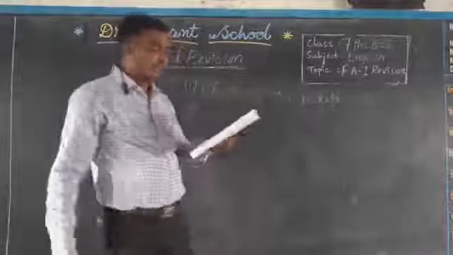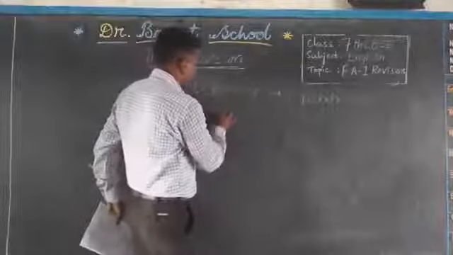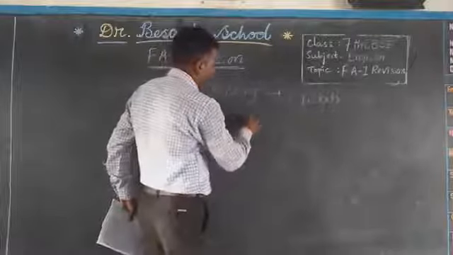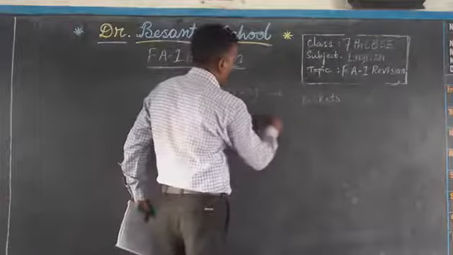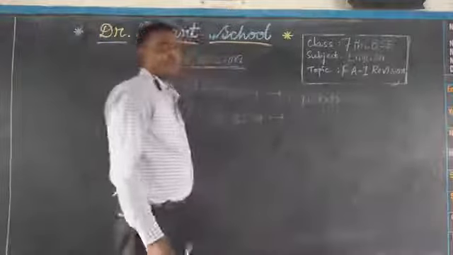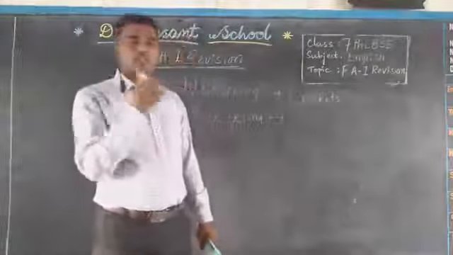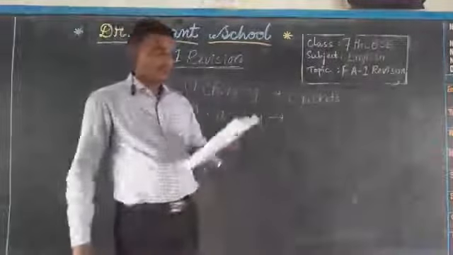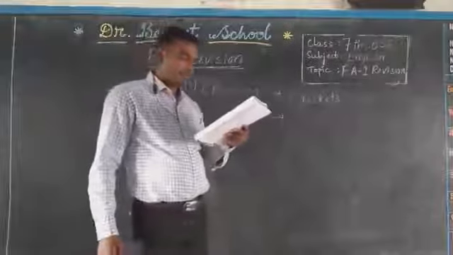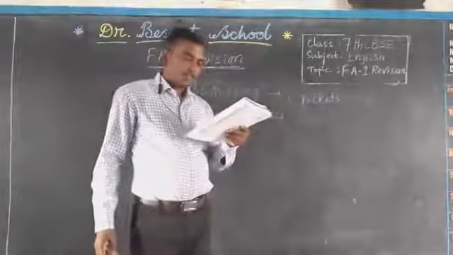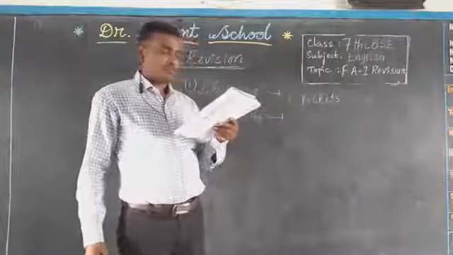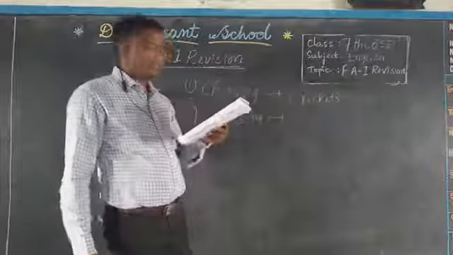Second one, cackling. So which bird makes cackling? Options: thrushes, doves, crickets, doves.